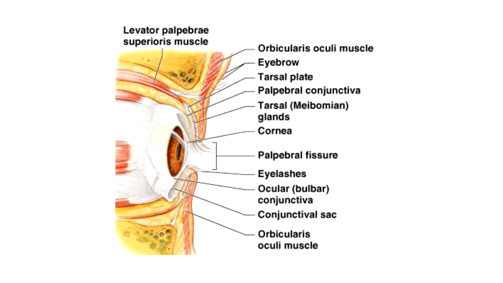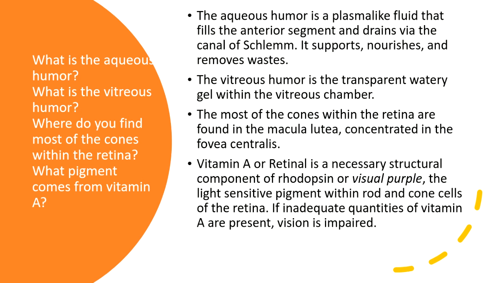Okay, let's see. We have the rectus muscles on the side, the oblique muscles on top. The cornea is this white sheet here. Okay. So I definitely go into more detail with the eye anatomy, okay?